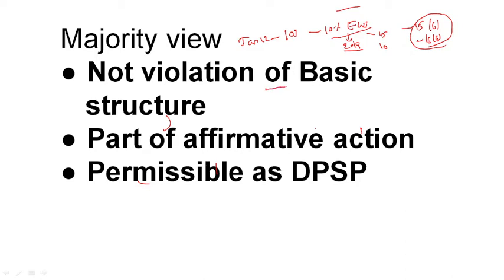From the majority view, that is the people who supported this, it was clearly stated that it is not a violation of the basic structure. In fact, judges like Bela Trivedi clearly suggested that it is part of affirmative action, which will benefit the economically weaker sections.